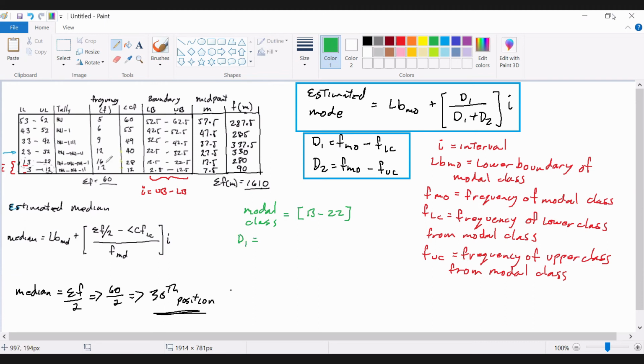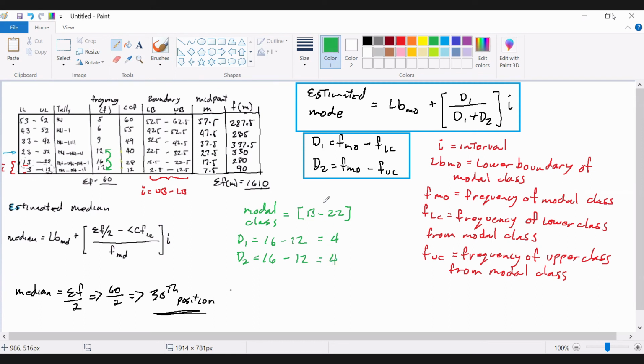D1 is equal to 16 minus this frequency of lower class from the modal class, 12. Okay, this is now going to be 4. Next, D2. Frequency of modal class, we already have that, minus frequency of upper class. It so happens that it's also 12, so I will also have 4.